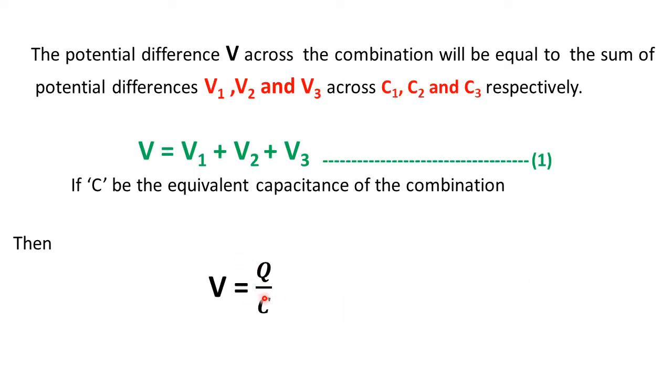Let C be the capacitance of an equivalent capacitor. Means if three capacitors could be replaced by a single capacitor and its capacitance be C, then terminal potential difference V will be equal to Q by C, and that Q by C can be replaced for this term V. Similarly, V1 is equal to Q by C1, V2 is equal to Q by C2, and V3 is equal to Q by C3.